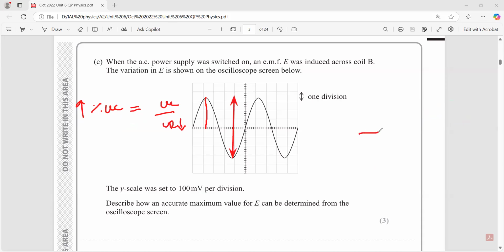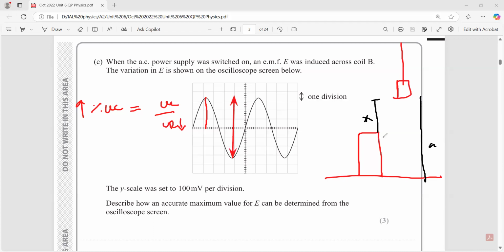Even, for example, if there's a box and an object which is hanging, and I want to measure this distance x, what I will do is first measure the total distance from the top, then measure this other distance, and subtract. The answer will be the same, but the experimental result will have a lower percentage uncertainty.